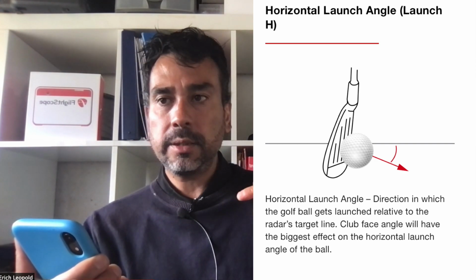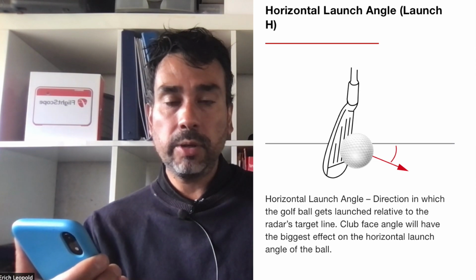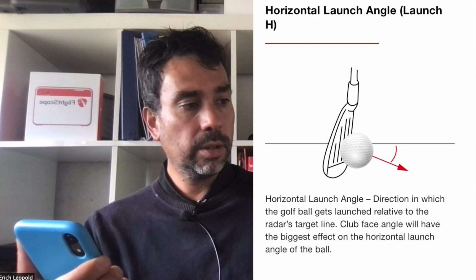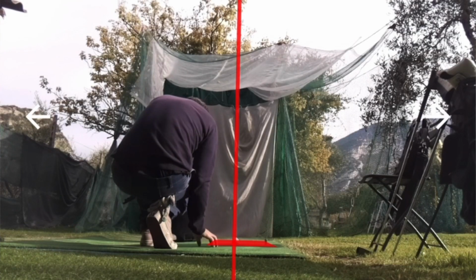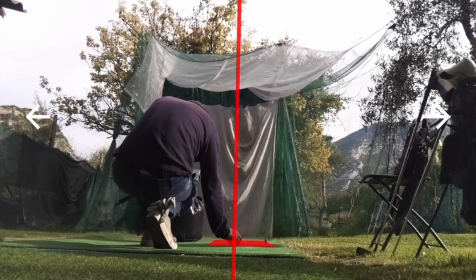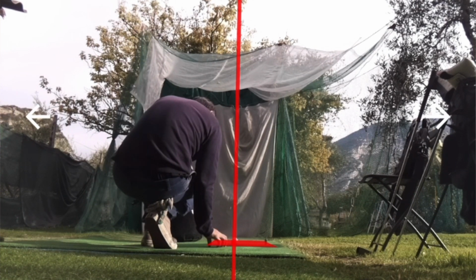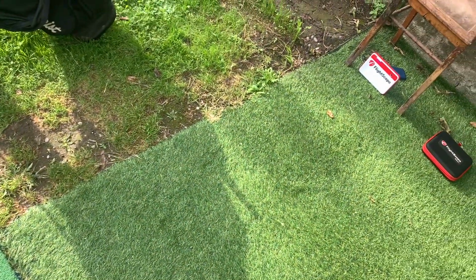So with the Mevo Plus unit, you can know if your ball started to the right or to the left of target. The important thing is that you have to obviously align the unit correctly. Otherwise, it's not going to be good data. But if you have it aligned correctly, then you will know if the ball started on the right or on the left. So that's one parameter that you should definitely take into account.